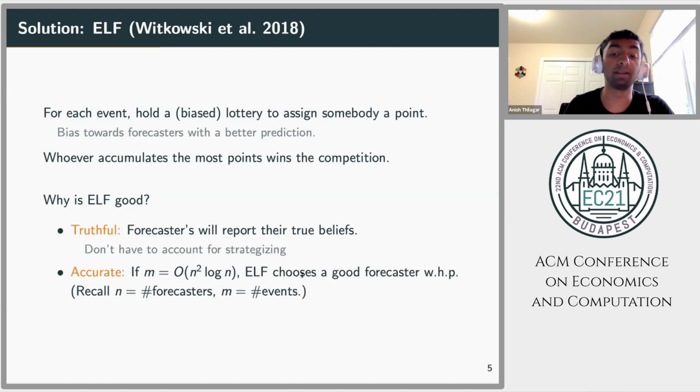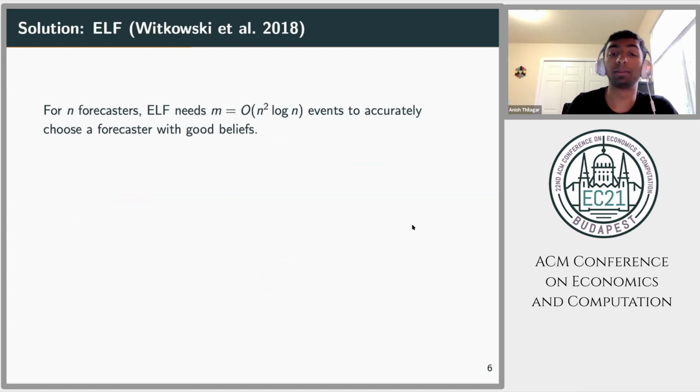They give a strong guarantee in the paper that if you use n squared log n events, where n is the number of forecasters, then ELF will choose a good forecaster with high probability. So ELF is great. It solves this problem when we have n squared log n events. But do we always have that many events?